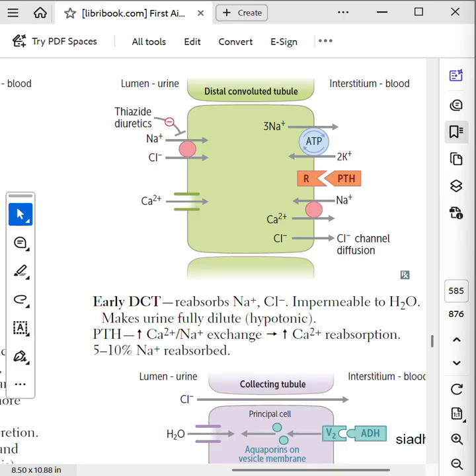Now since they decrease the nitric oxide and they decrease the prostaglandins, what happens is if there is less prostaglandin, you have afferent arteriolar constriction, because what was prostaglandin doing? Prostaglandins were basically, when they were increased, they were causing dilation of the afferent arteriole, so a lot of blood was passing from there. But now the sodium chloride is really high, the blood pressure is really high, and the filtrate is moving too fast.